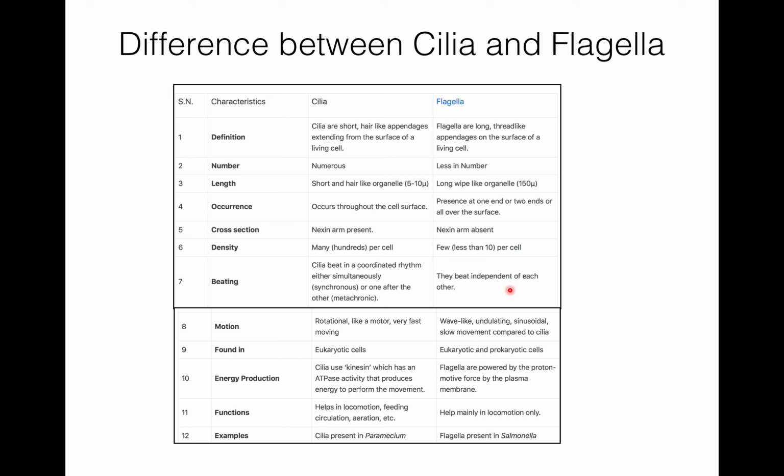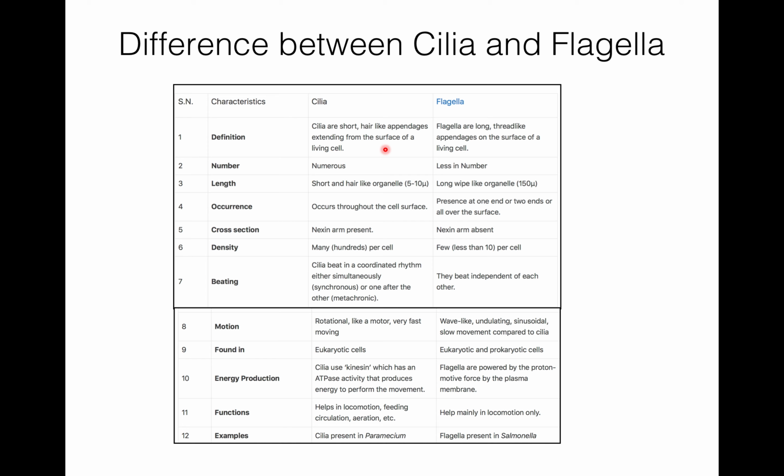Now, differences between cilia and flagella. Cilia are short hair-like appendages and they extend from the surface of living cells. Flagella are long thread-like appendages which are present on the surface of living cells like euglena. Cilia are numerous, but flagella are fewer in number.